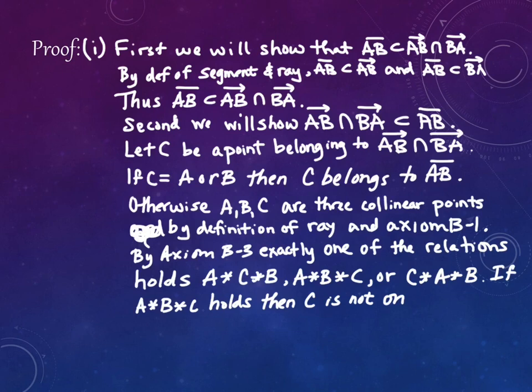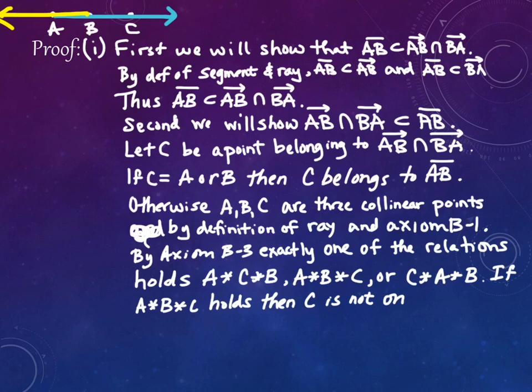Here's A star B star C. Can you draw in for me the rays? Where are our two rays that we're talking about? Here's ray AB, and here's ray BA. C is on ray AB, right, if we write it that direction, but it's not on ray BA.